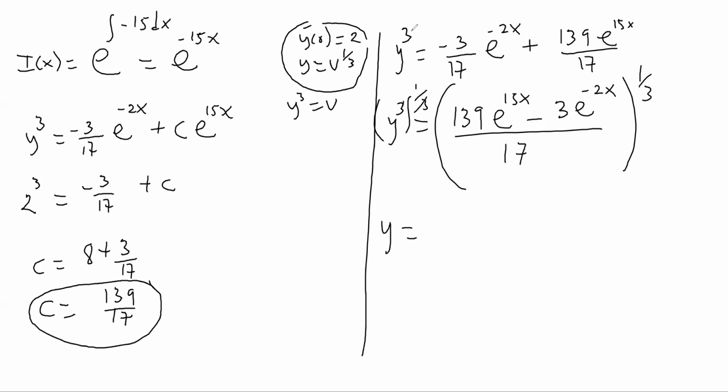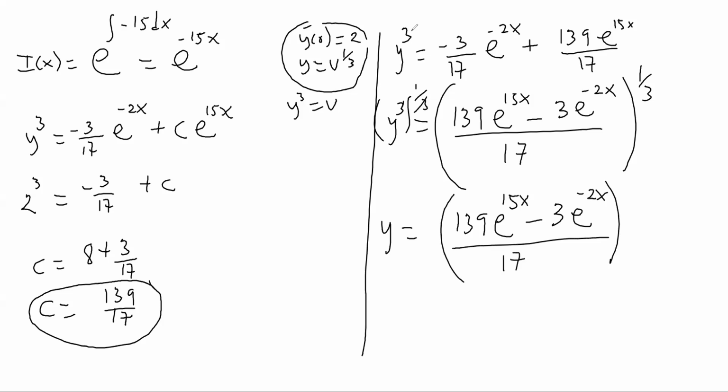So y will be equal to 139 e raised to the 15x minus 3 e raised to the minus 2x, everything over 17, all raised to the 1/3. And this becomes a particular solution. So guys, this is how you solve this. I hope you practice more and you learn the techniques that we are using here.